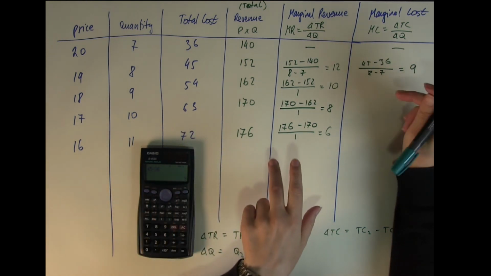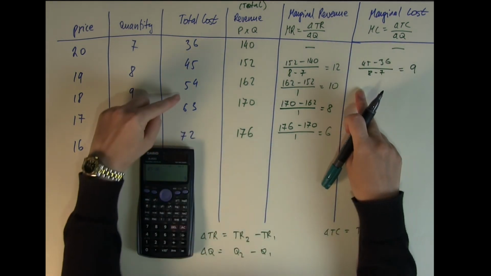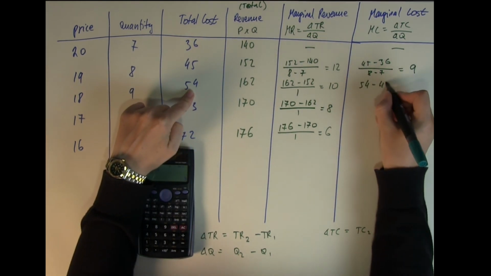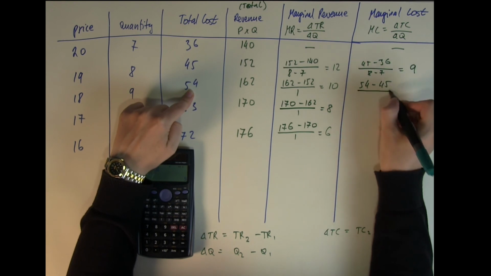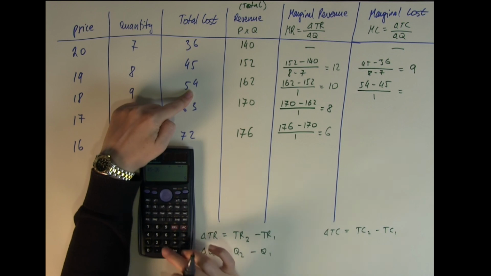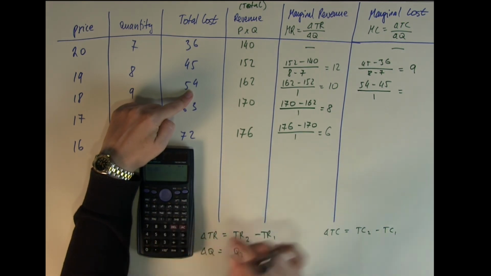So the marginal cost for the next row is 54 minus 45 divided by 1. Again, 9 minus 8 gives me 1. So 54 minus 45, that again will be 9.